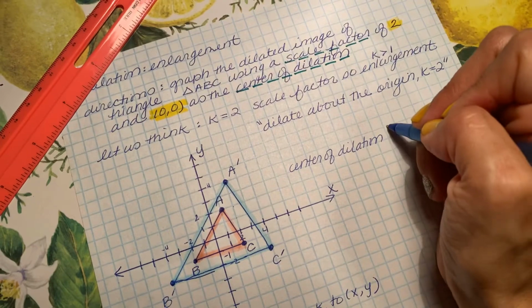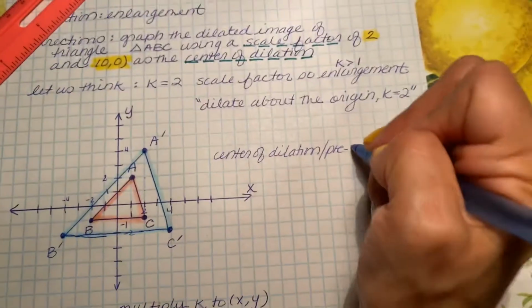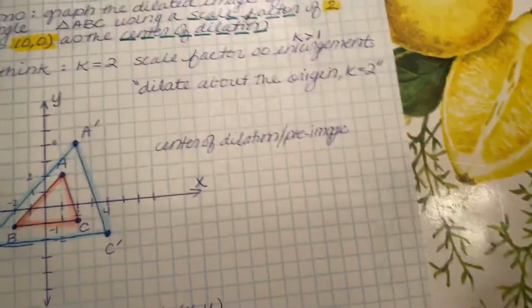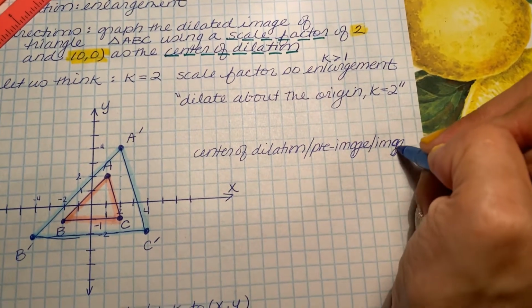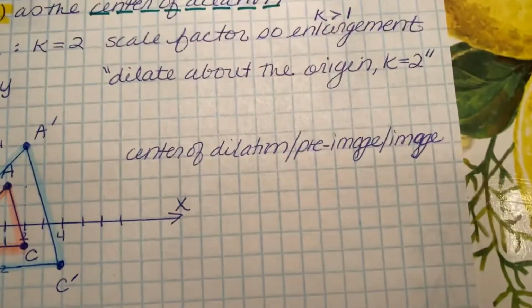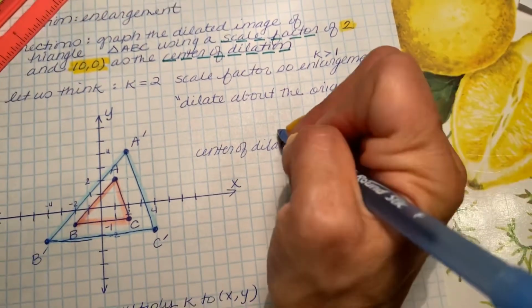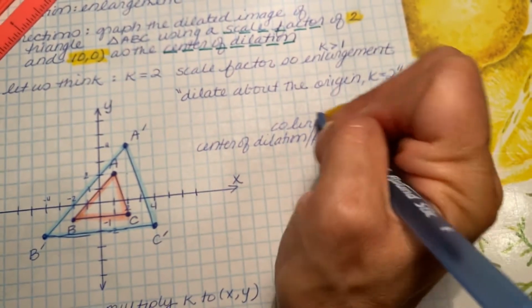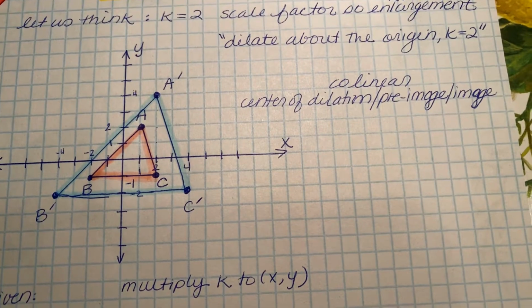My center of dilation, my pre-image, can you see? Oh, sorry, edit. Image, and my image. Oh my gosh, I keep wanting to make the A a G. So my center of dilation, my pre-image, and my image should all be collinear. What does that mean? They should all form a straight line.